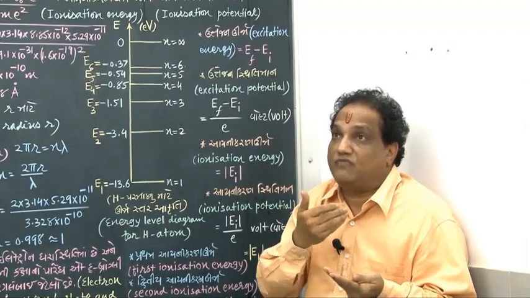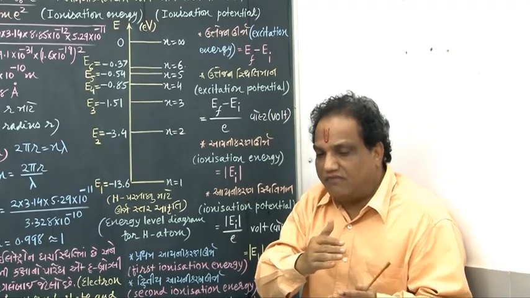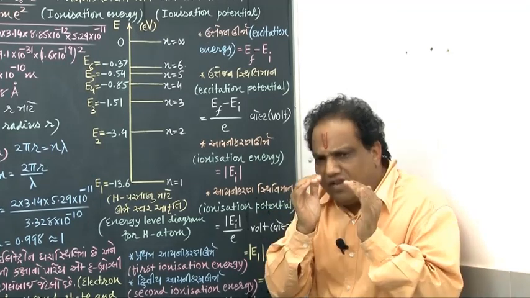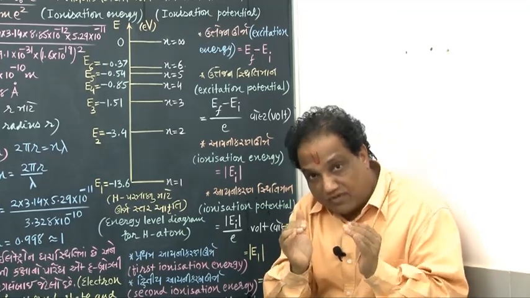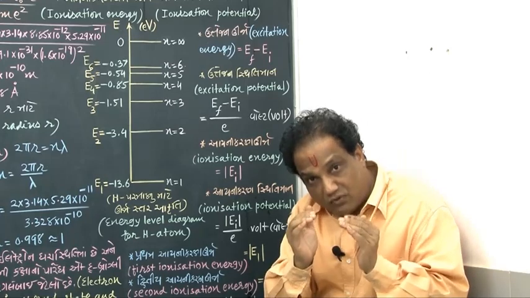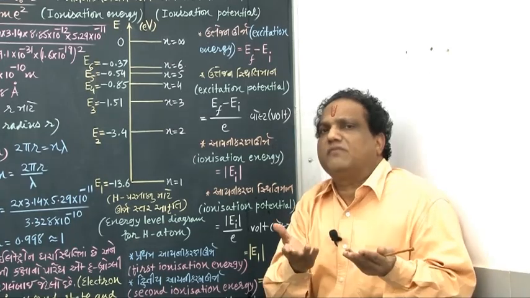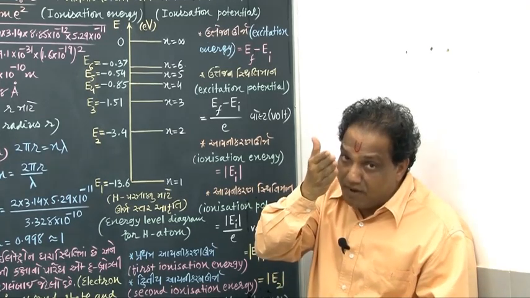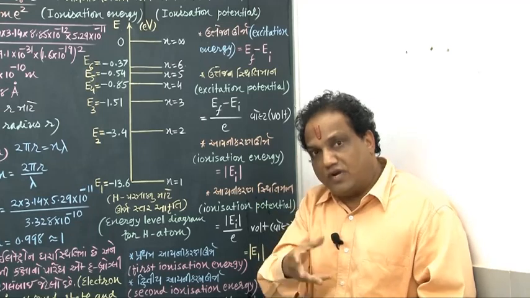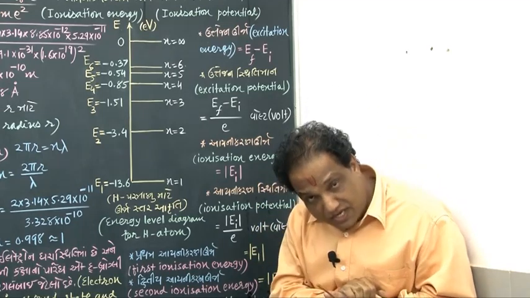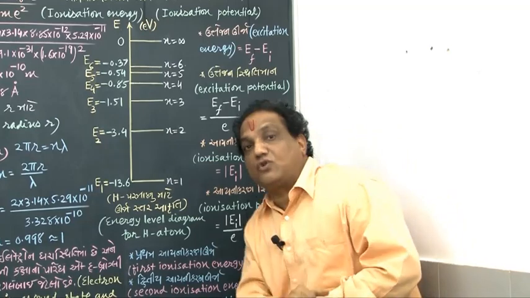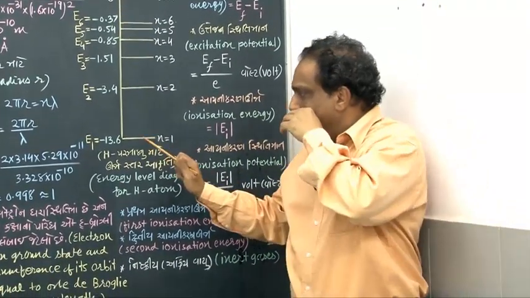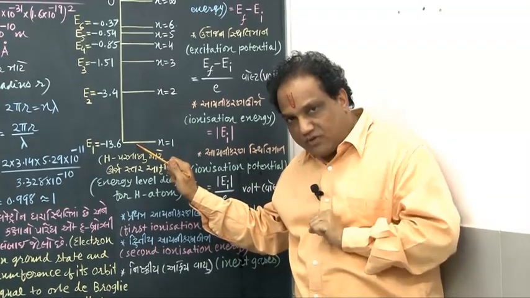And once it goes to infinite distance from the nucleus, it is freed from the binding with the nucleus. And whenever any neutral atom loses an electron, it will be transformed into a positive ion. That's why that minimum energy supplied to it is known as ionization energy, and the corresponding potential difference is called ionization potential. When the electron is lying here, how much energy are you supplying?